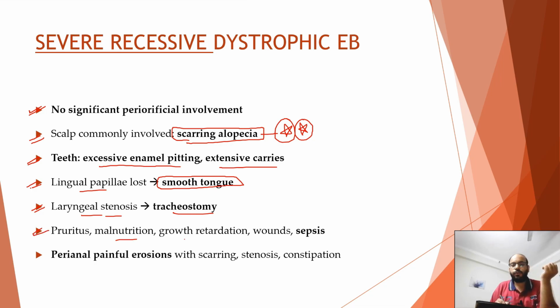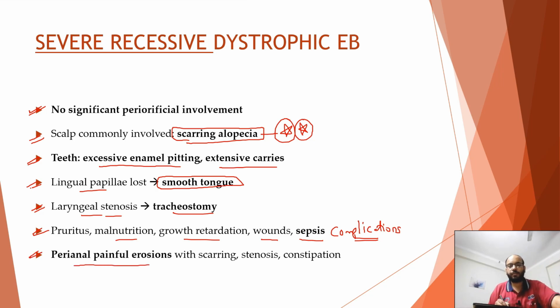Pruritus, malnutrition, growth retardation, multiple wounds leading to sepsis. Now these are all complications of severe recessive dystrophic EB. As I said, severe recessive is the most morbidity and mortality inducing form of recessive dystrophic EB. The perianal painful erosions are present with scarring, stenosis, and constipation.